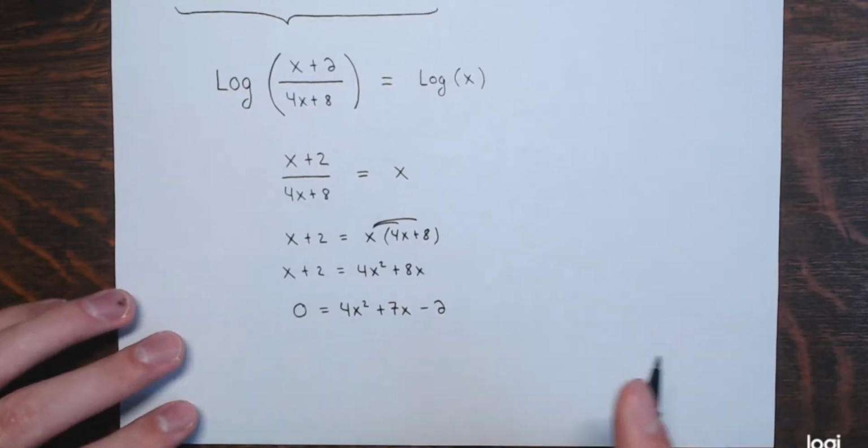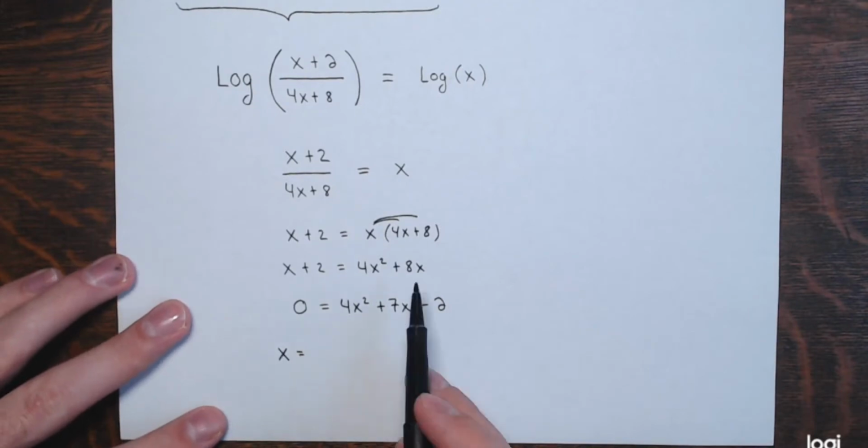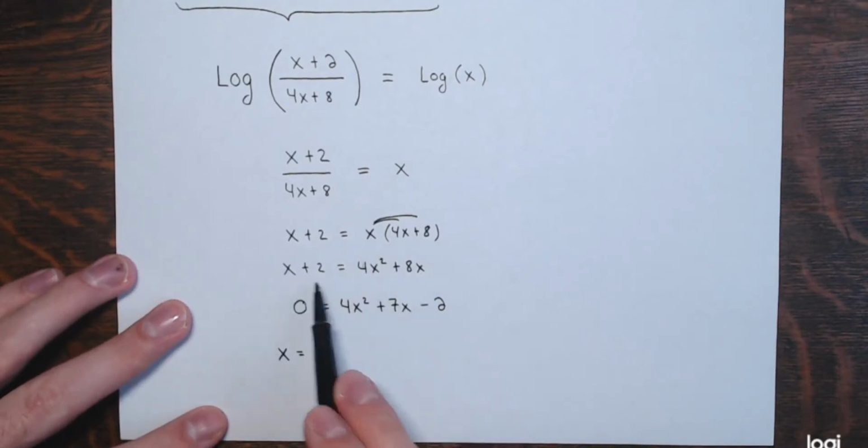Right. And then you can use the quadratic formula, x equals, just make sure I got this right here, 8x minus x, 7x minus 2, right?